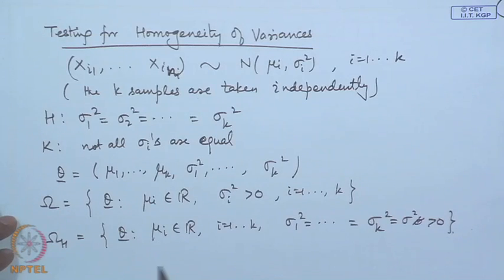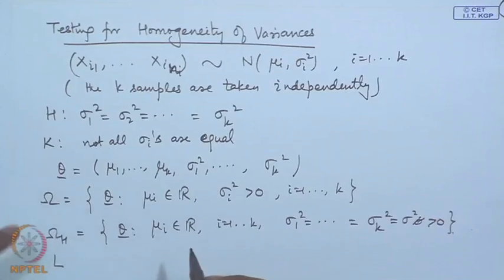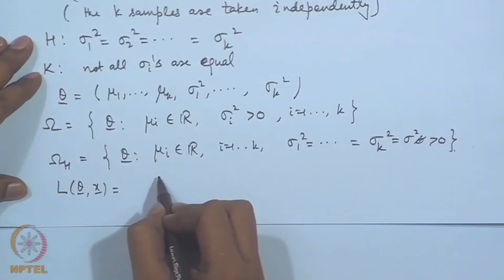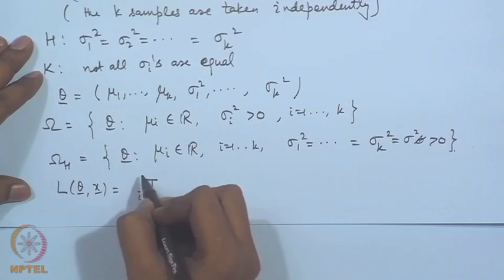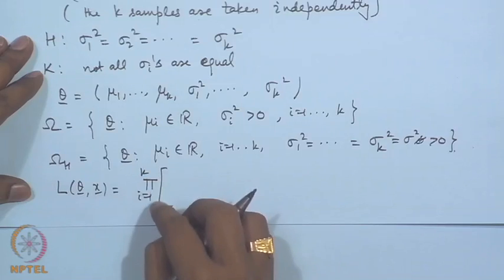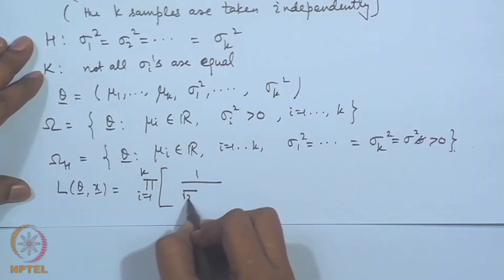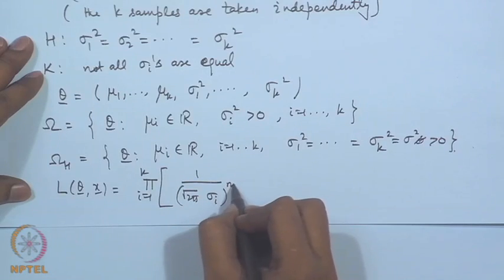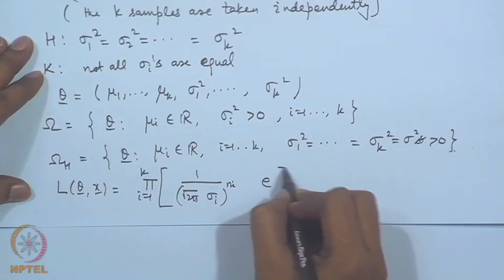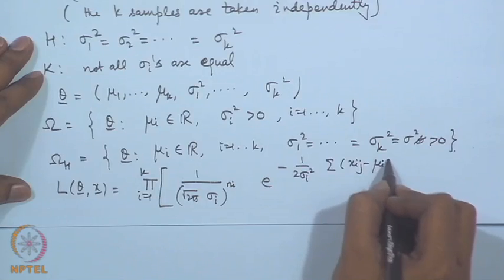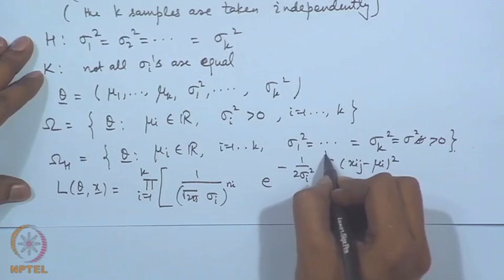Now, as before, I will not do the detailed calculations here. The likelihood function is equal to, since I have to write for the k different populations, I am writing it in this form: product i is equal to 1 to k, 1 by root 2 pi sigma i to the power n i, e to the power minus 1 by 2 sigma i square sigma x i j minus mu i square, j is equal to 1 to n i.